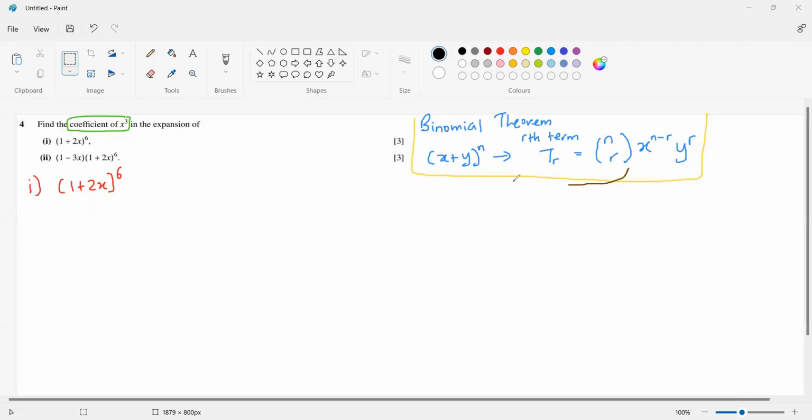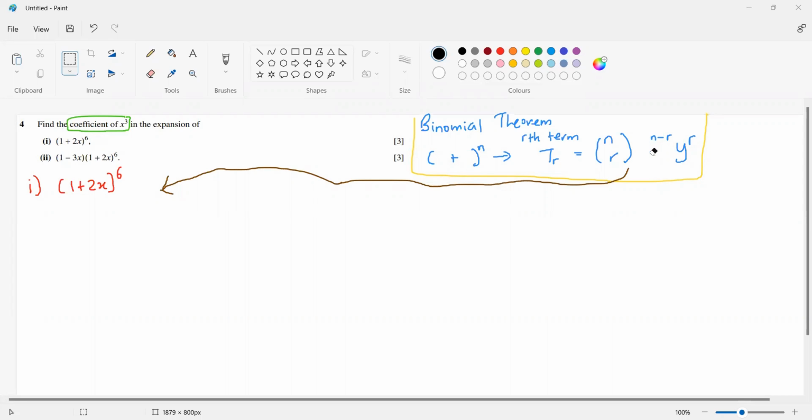Let's try to apply this here first, to the first question. The only thing is we're using the letter x, so I should have used the letters A and B. Just modify a little bit, but it's good to see this kind of modification.